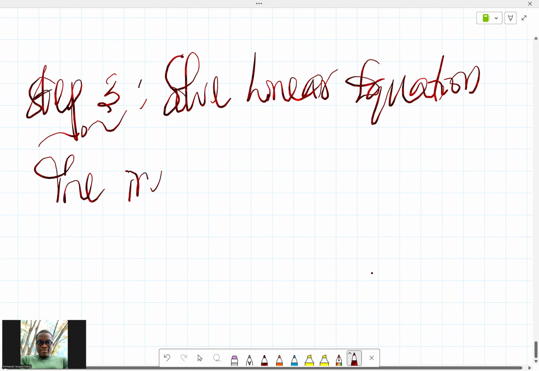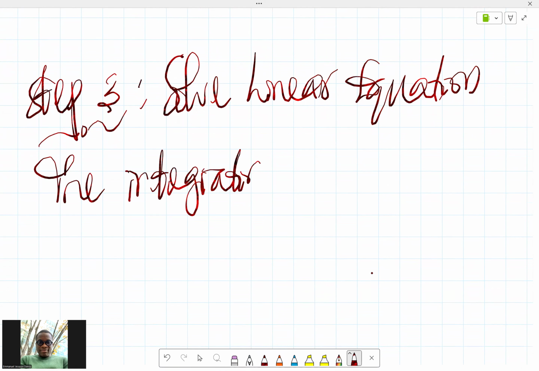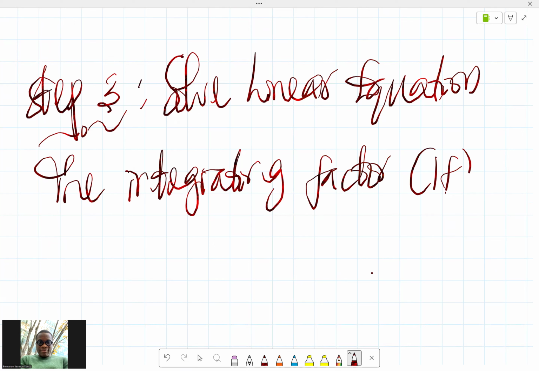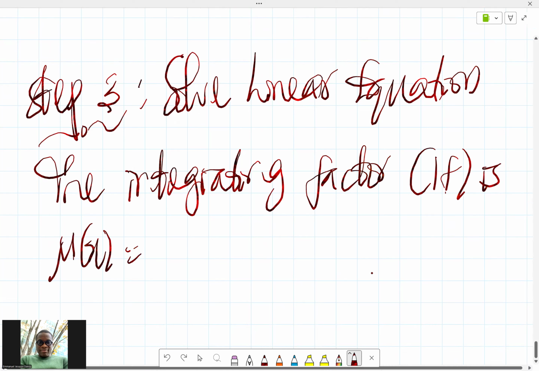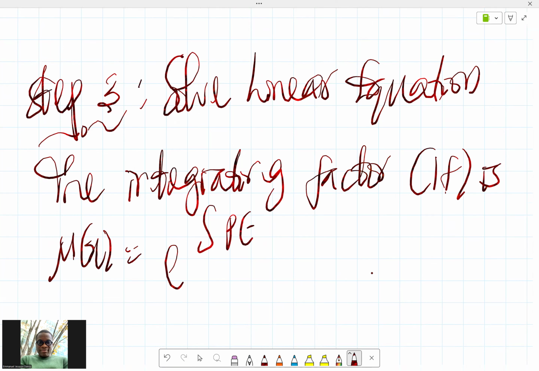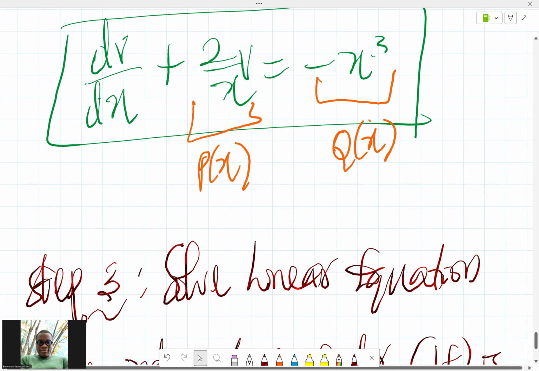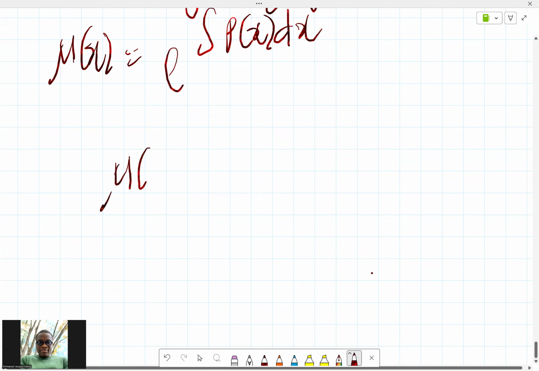So the integrating factor, now that it is linear, so we can do integrating factor, IF, is mu of x, which is equal to e raised to the power of the integral of p of x dx. Now p of x is 2 over x as we have identified up there. So mu of x is equal to e raised to the power of the integral of 2 over x dx.